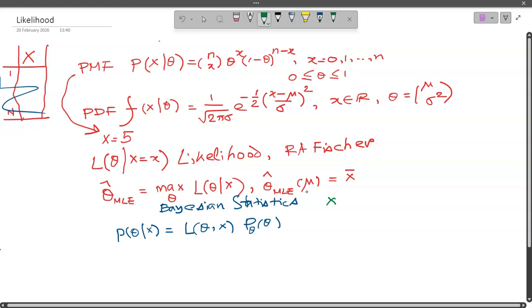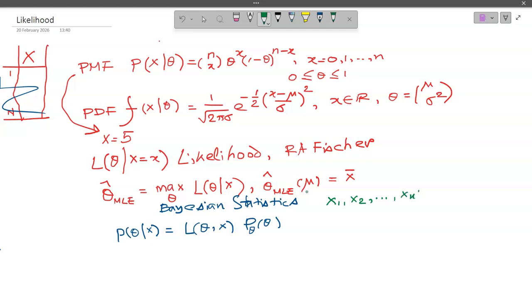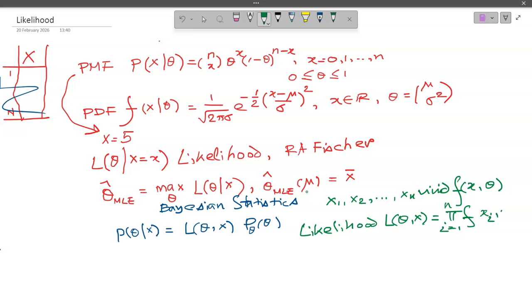We have a random sample x1, x2, up to xn following IID with some distribution f of x given theta, then the likelihood is defined as L of theta given x, which is the product over i equal to 1 to n of f of xi given theta.